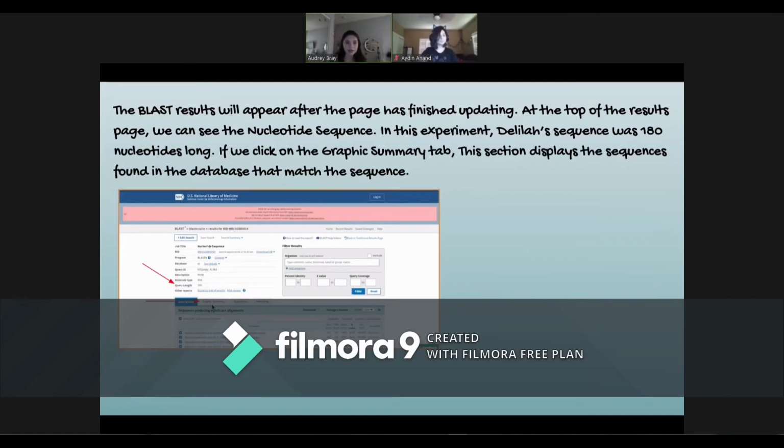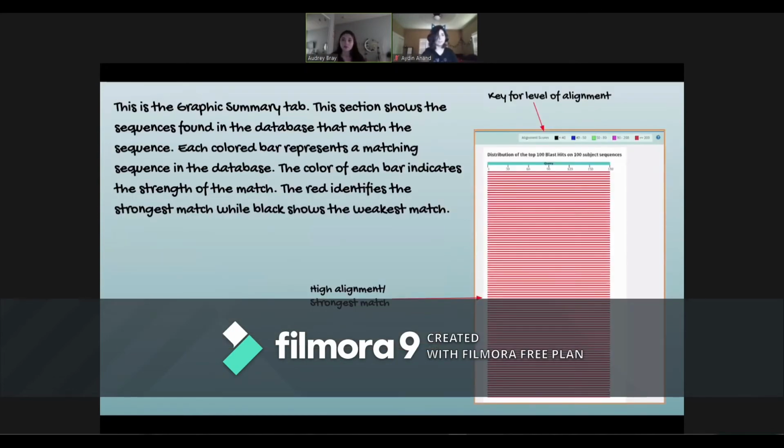Then there's another tab called the graphic summary tab, which displays sequences found in this database that match Delilah's sequence. Each colored bar represents a matching sequence in the database, and red identifies the stronger matches while black identifies the weakest match.